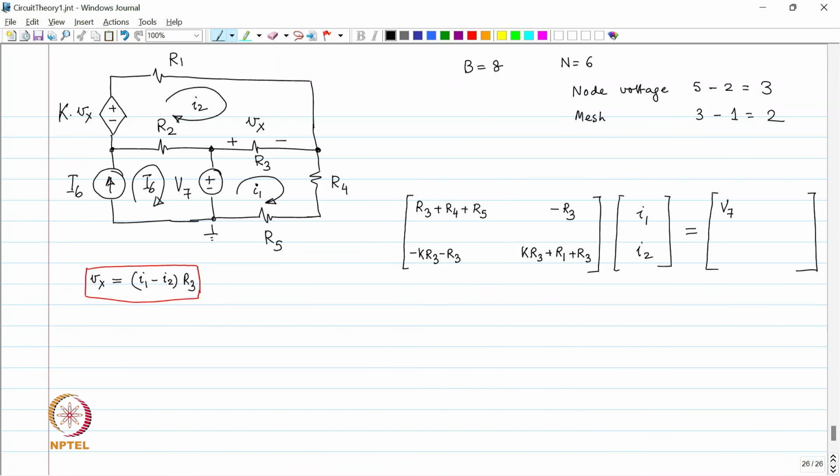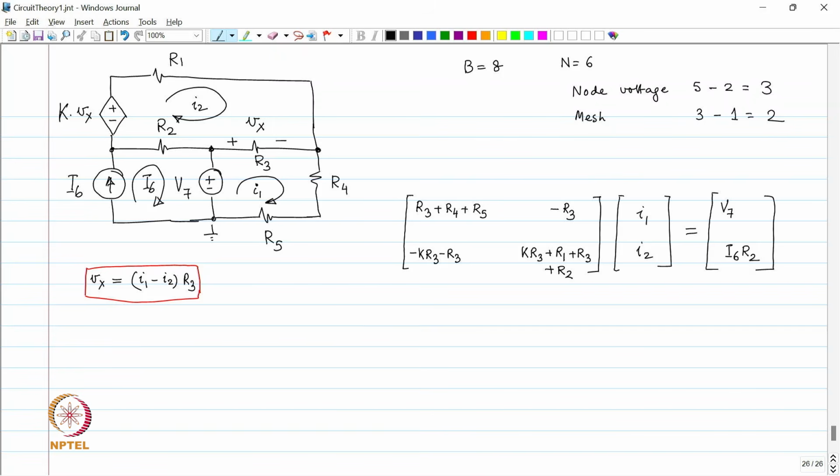Next, what is the drop across R2? I2 R2 minus I6 R2. That is it.